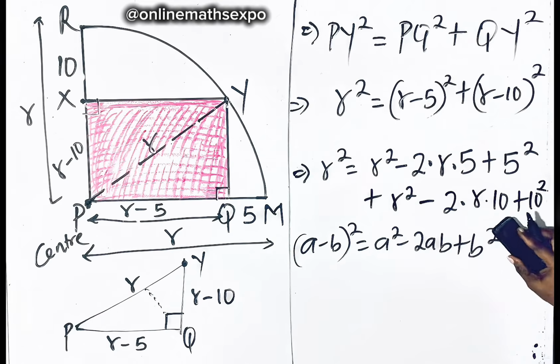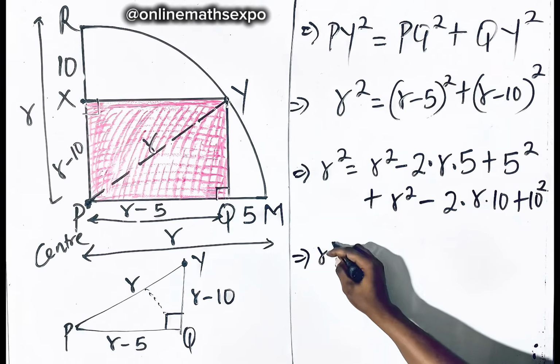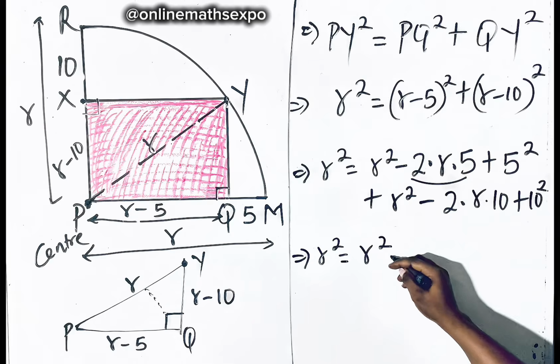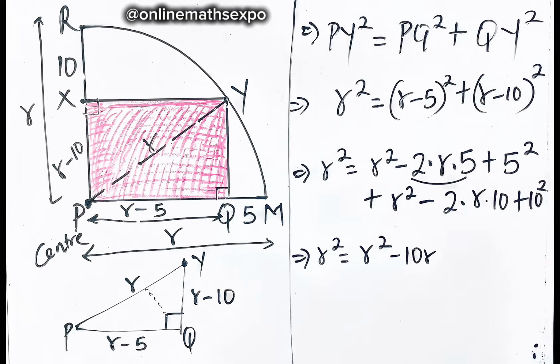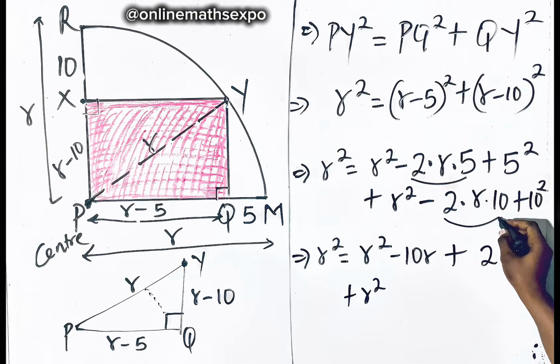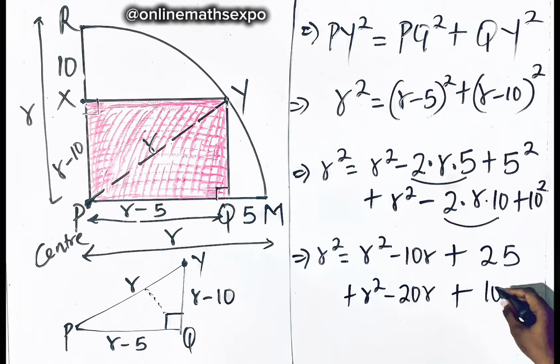So let's work this out. And this gives us, R squared is equal to R squared. Multiply this, it gives us negative 10R plus 5 squared gives us 25. Then we have plus R squared. Multiply this, it gives us negative 20R plus 100.